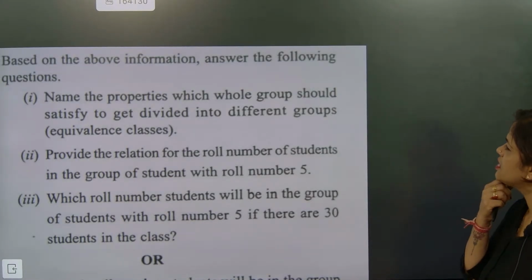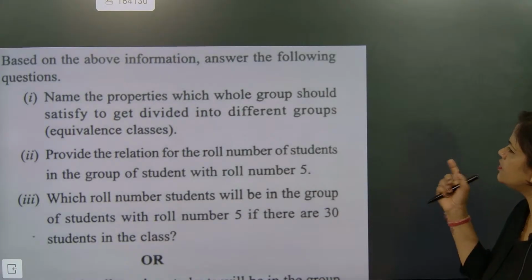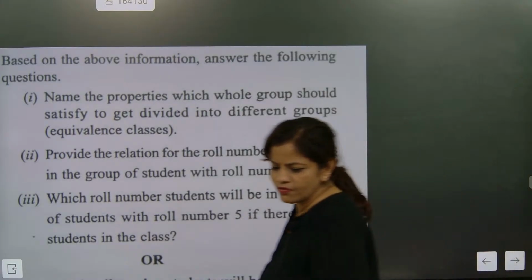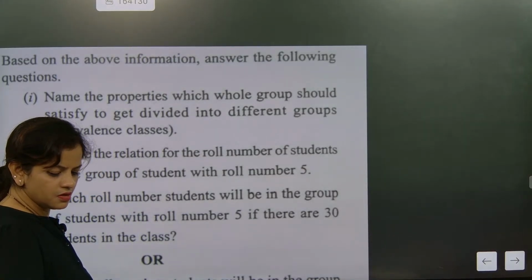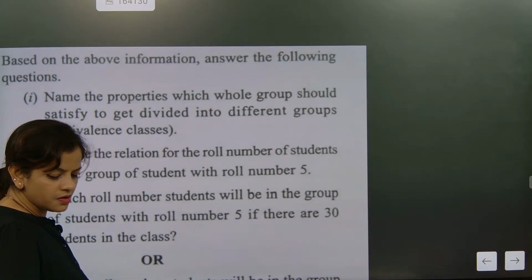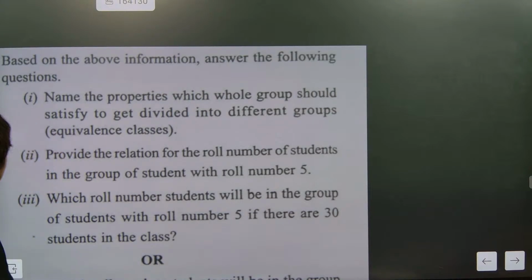Name the properties which the relation should satisfy to get divided into different groups.